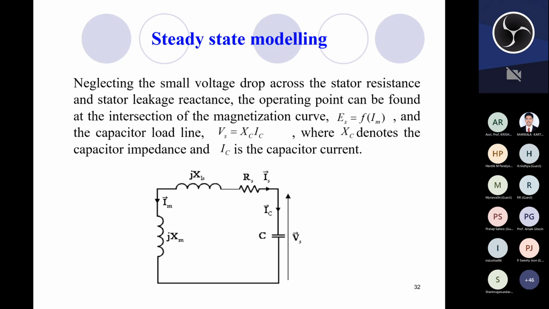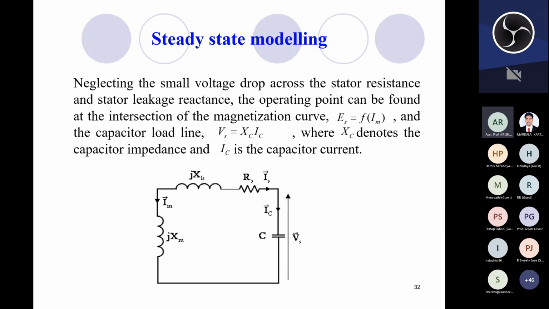Based on this equivalent circuit, we can calculate the minimum value of capacitor which is required to initiate the voltage build-up procedure for a minimum speed. First of all, we will calculate this capacitor at no load, and then the voltage build-up procedure will be initiated for a minimum value of speed. Now if we increase the speed, the magnitude of voltage will also increase.